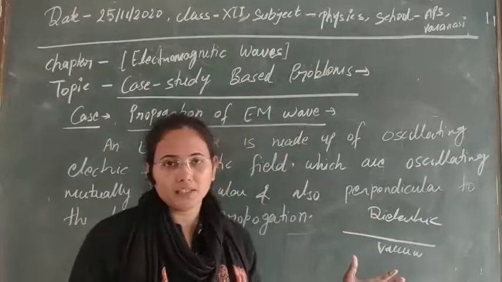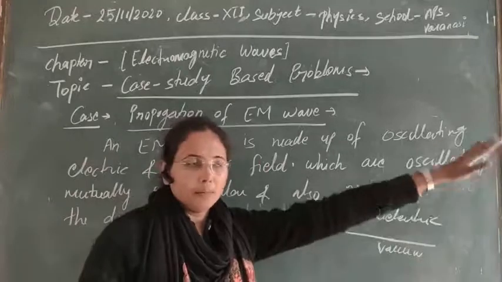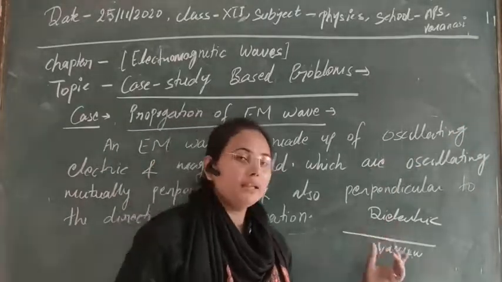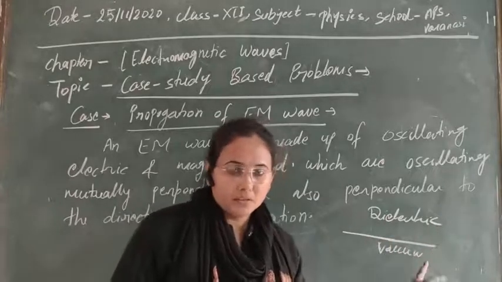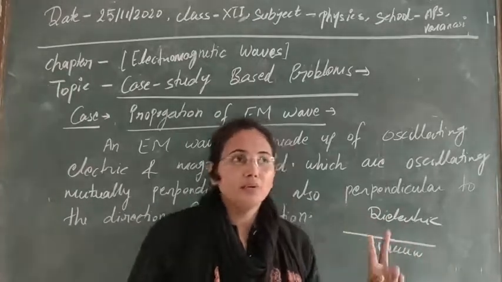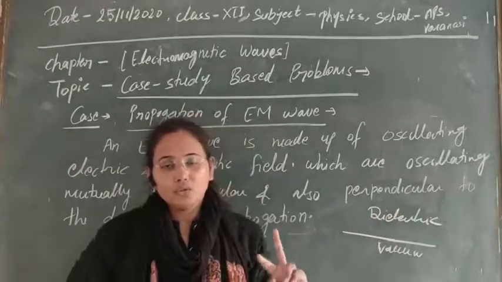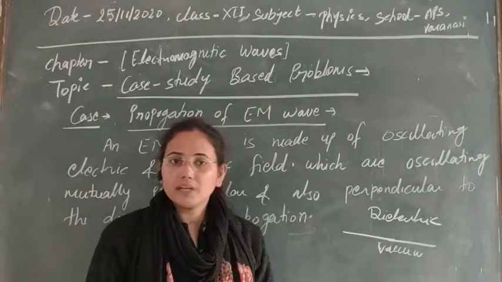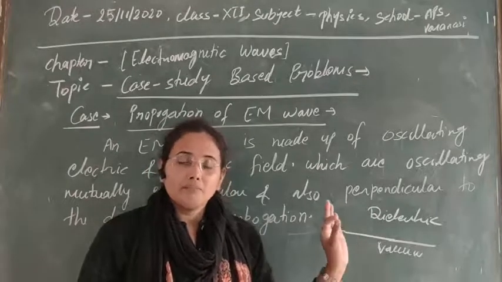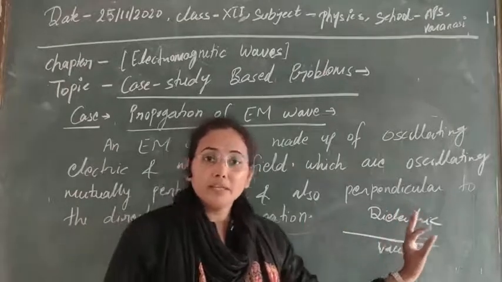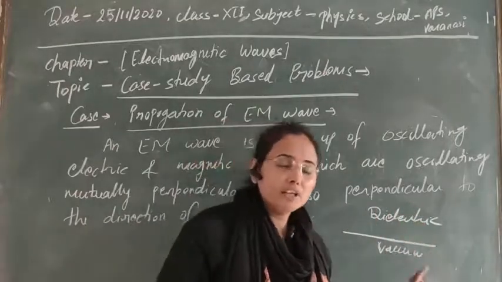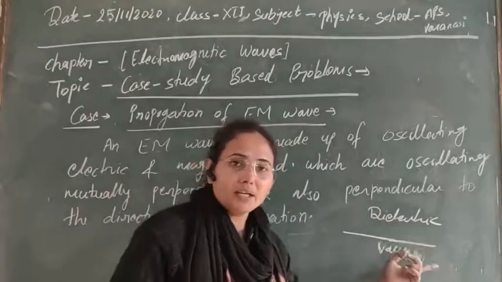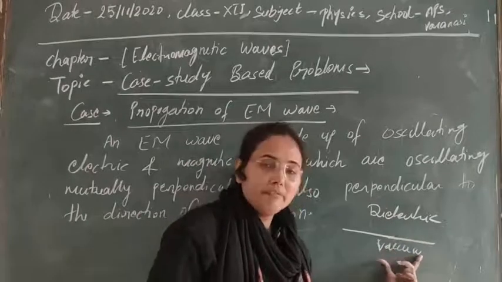But what will change is the wavelength, because wavelength is the characteristic of the medium. Frequency is the characteristic of the electromagnetic wave or any wave, but wavelength is the characteristic of the medium. So if the medium is changing, then the wavelength will change. Here the wavelength will change when the electromagnetic wave goes from dielectric to vacuum.